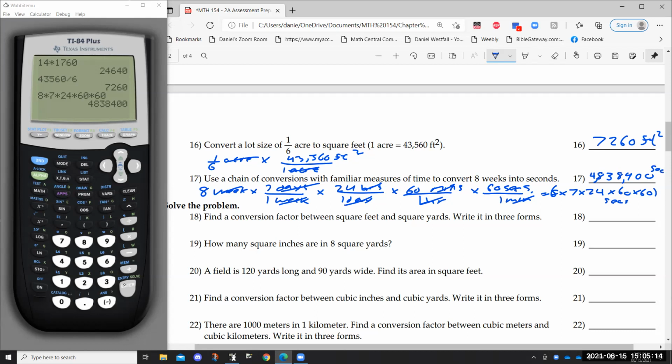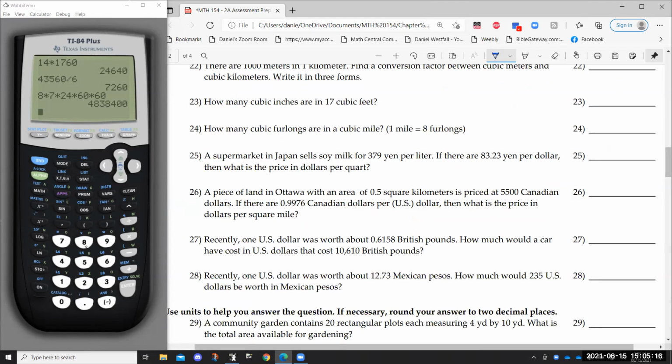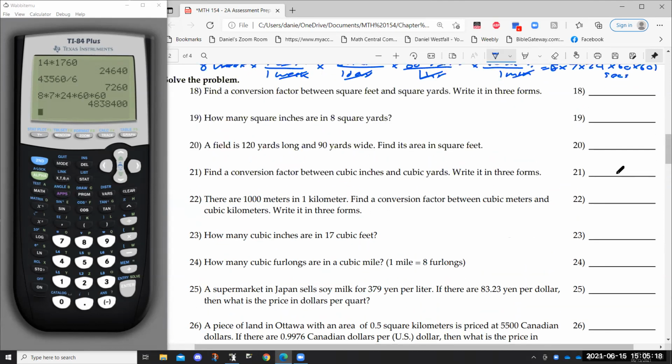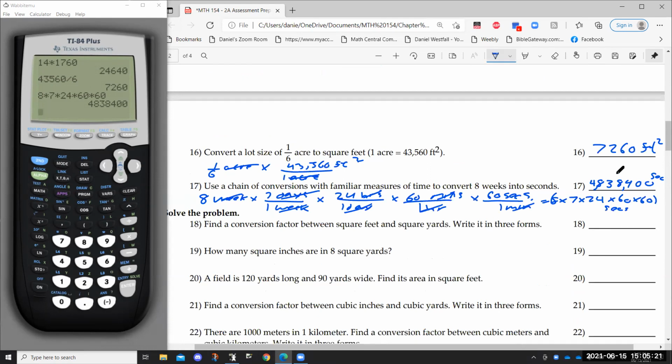These are seconds. Sorry, I didn't mean to scroll. That is 4,838,400 seconds.